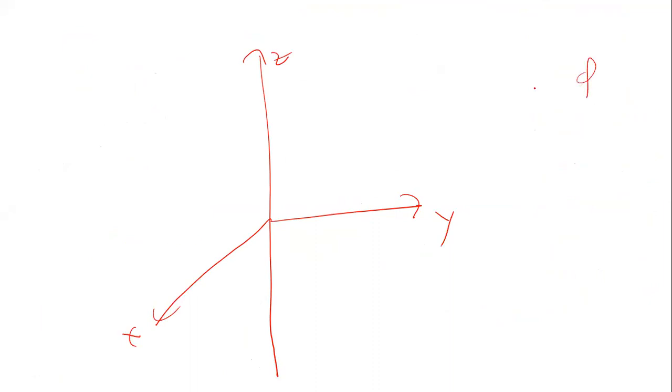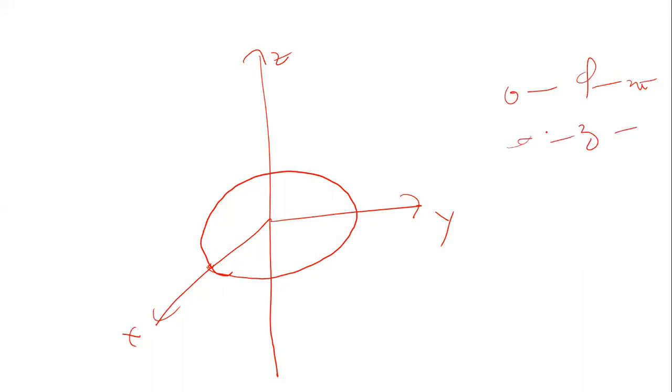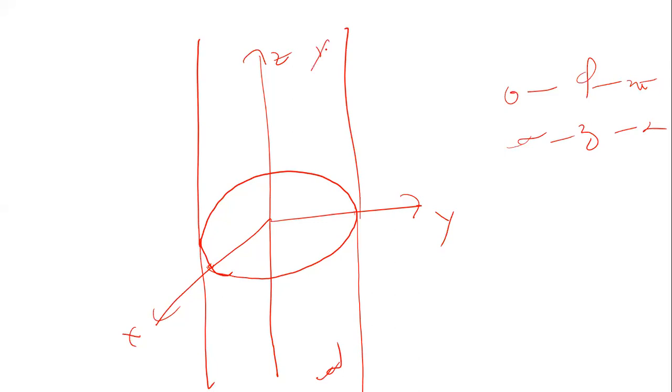If you vary phi from 0 to 2 pi, starting with this point, at 2 pi you will trace out a circle. If you vary z between minus infinity to plus infinity, you will extend this circle up to minus infinity and up to plus infinity.